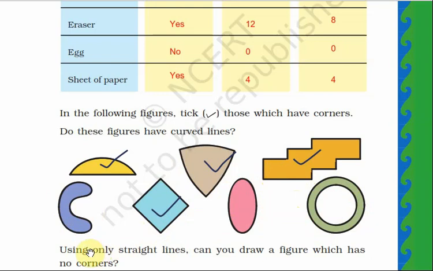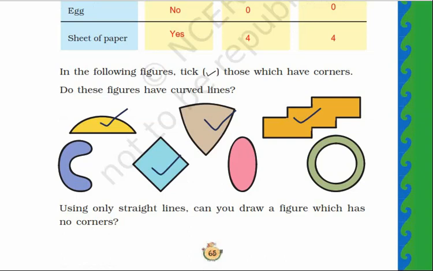Okay. Using only straight lines, can you draw a figure which has no corners? See, this is a figure which uses only straight lines. This is a square and only straight lines are used to make this square. So when you use only straight lines, can you draw any figure without corners?